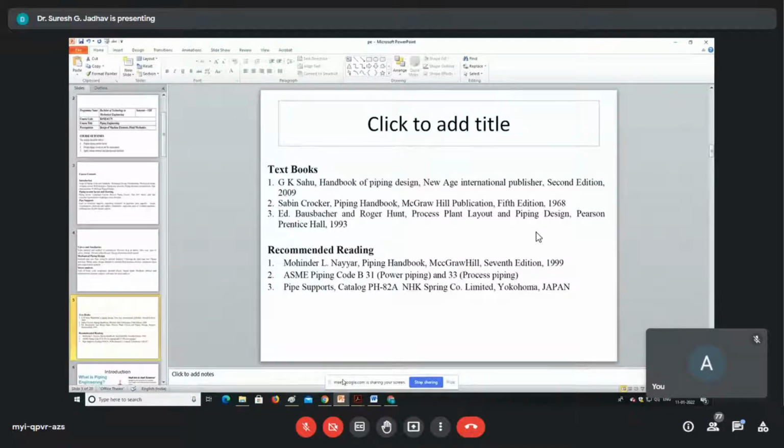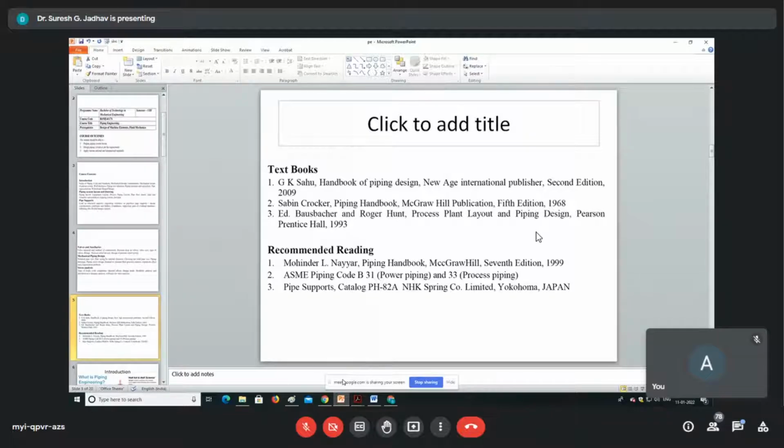Third is the book by Boucher and Roger Hunt, Process Plant Layout and Piping Design, published by Pearson Prentice Hall, 1993. These are the textbooks. Recommended reading includes some handbooks and books. First is the Piping Handbook by Mohinder L. Nayyar, published by McGraw-Hill, 7th edition, 1990.